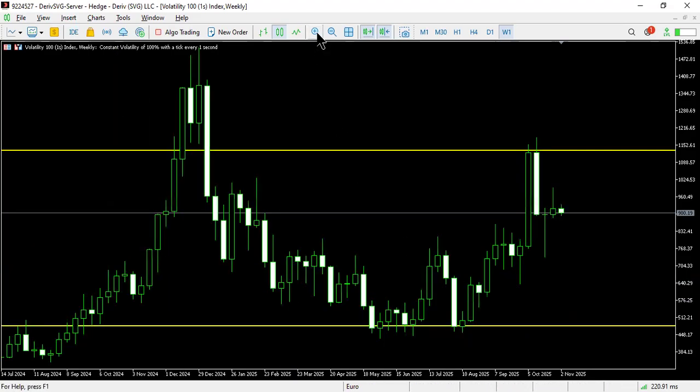I'm going to be looking for selling opportunities simply because I am seeing a tweezer top. That is a reversal pattern to indicate the sellers are in control and buyers don't have the momentum anymore.